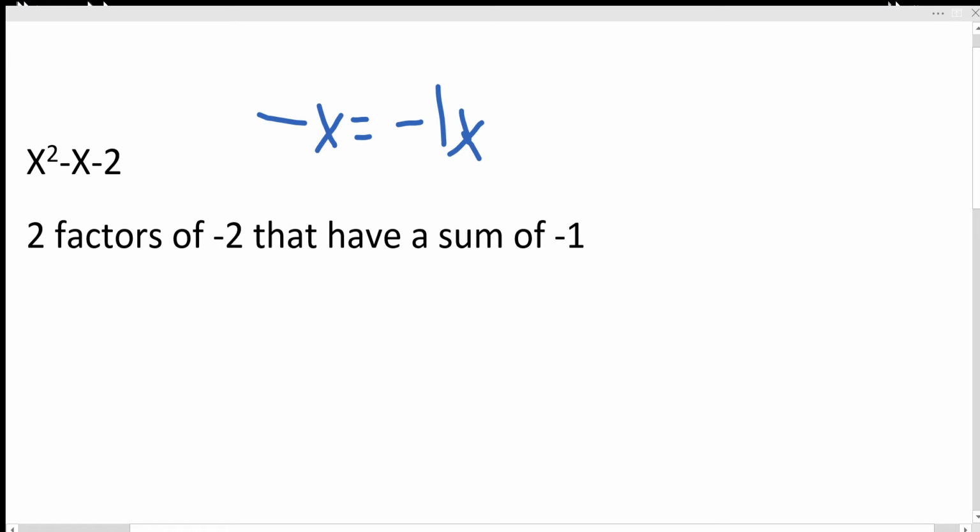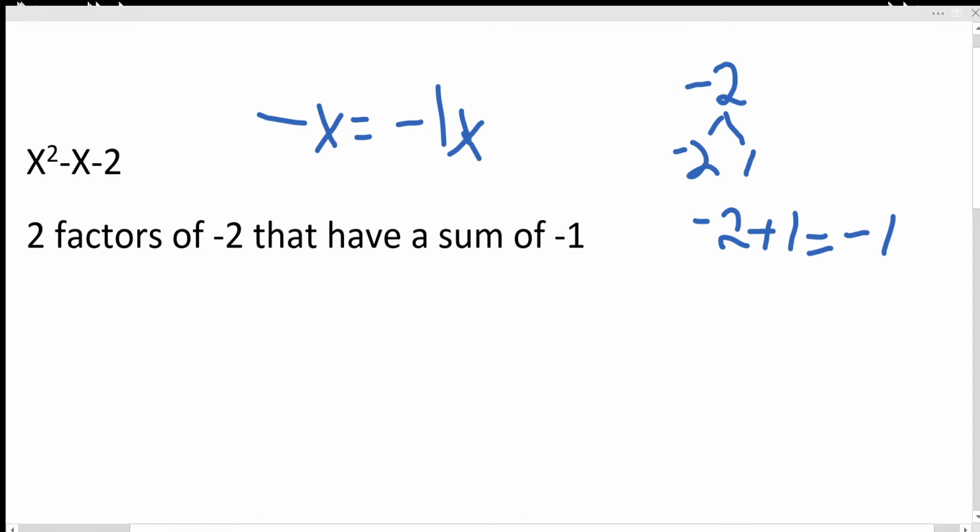So what are those two factors? If we have negative 2, and we want two factors that add to be negative 1, well, we can have negative 2 and positive 1. If we add those together, negative 2 plus 1, that equals negative 1. So we know that that works.